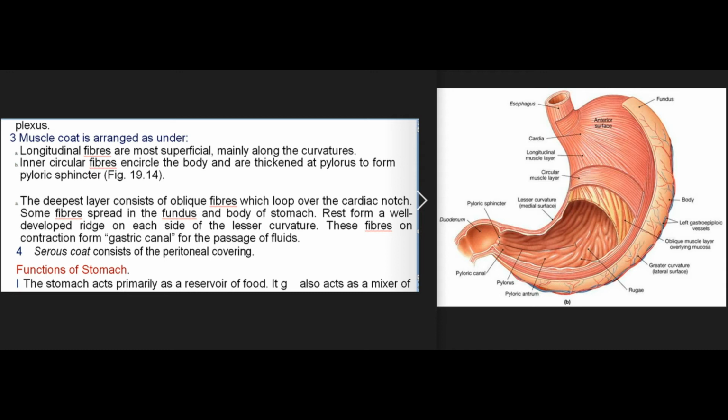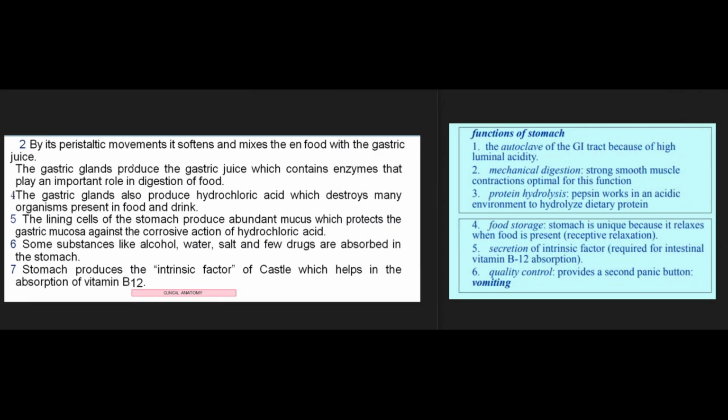Functions of the stomach. 1. The stomach acts primarily as a reservoir of food. It also acts as a mixer of food. 2. By its peristaltic movements it softens and mixes the food with the gastric juice. 3. The gastric glands produce the gastric juice which contains enzymes that play an important role in digestion of food. 4. The gastric glands also produce hydrochloric acid which destroys many organisms present in food and drink. 5.